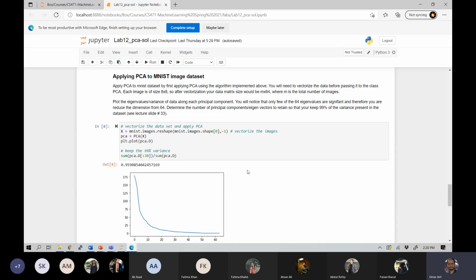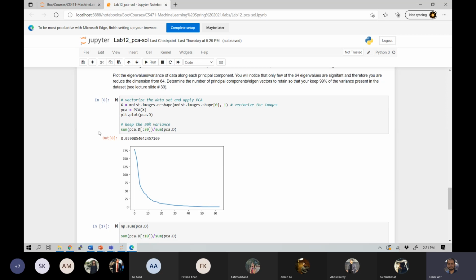So you have a 64 dimensional space, and after applying PCA you will also obtain the variances along each of those 64 dimensions. If you plot them, this is all in your lab.